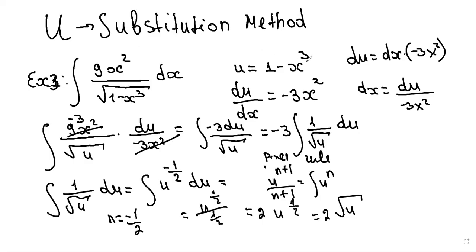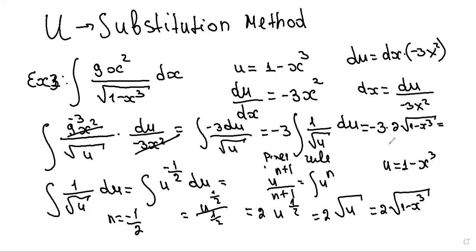We substitute u as 1 minus x cubed, which is 2 times the square root of 1 minus x cubed. And we write negative 3 times 2 times the square root of 1 minus x cubed, which makes negative 6 times the square root of 1 minus x cubed. That's our answer, plus c, of course. Let's look at another example.